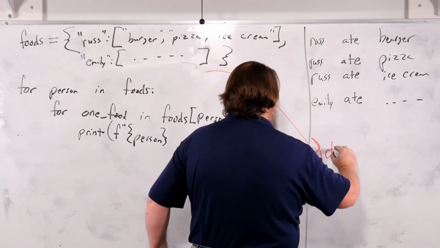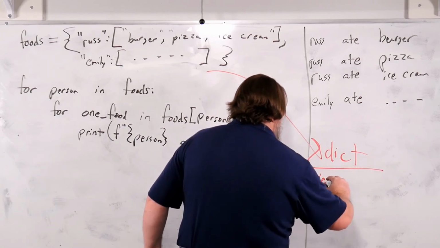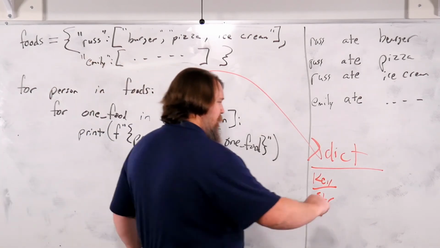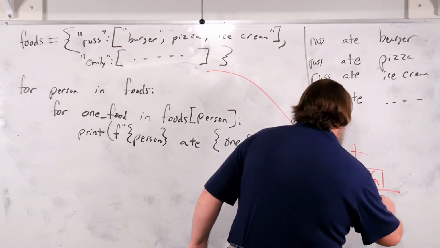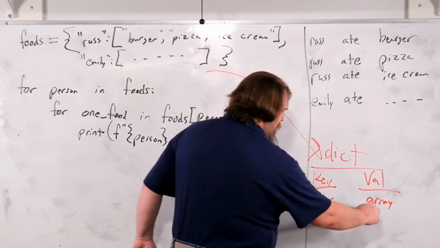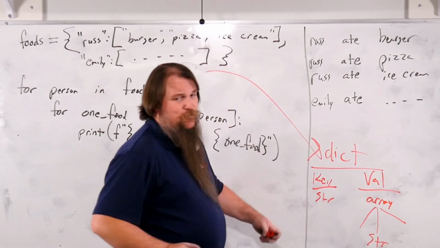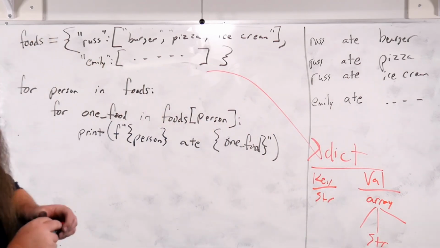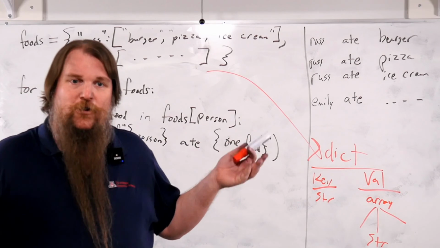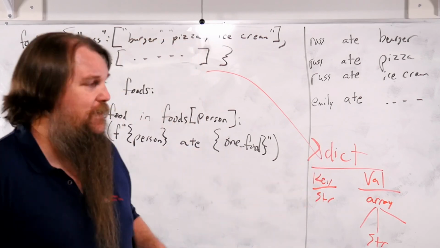This is a dictionary where the keys are strings, the values are arrays, and all the values inside the arrays are themselves strings. And strings are basically arrays as well. My point is, Python doesn't care how complex you make this. It's okay to store data structures inside other data structures.